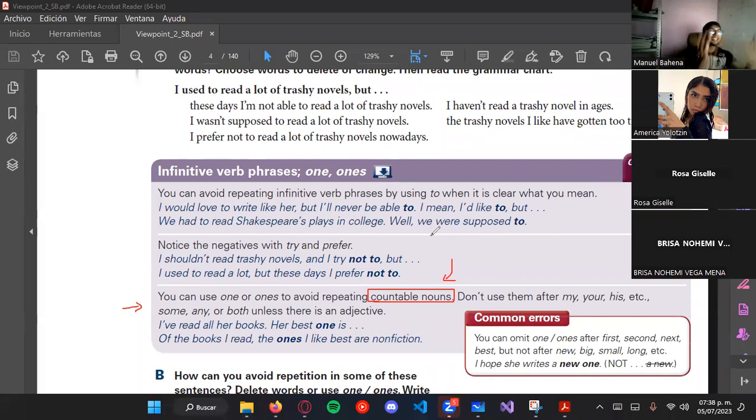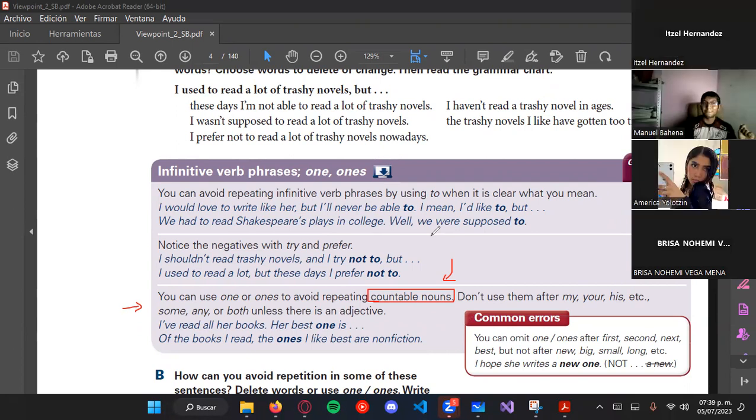A ver, vamos entonces with a less hard question, with an easier question. What are nouns? ¿Qué son los nouns? Okay, Itzel, yes, what are nouns? Well, I know as a nouns like place, a person, of thing, and the thing can be countable or uncountable.